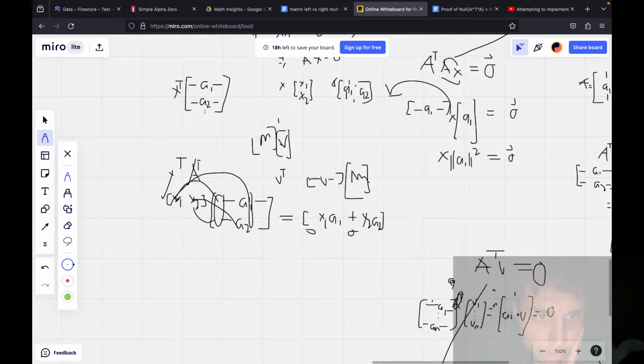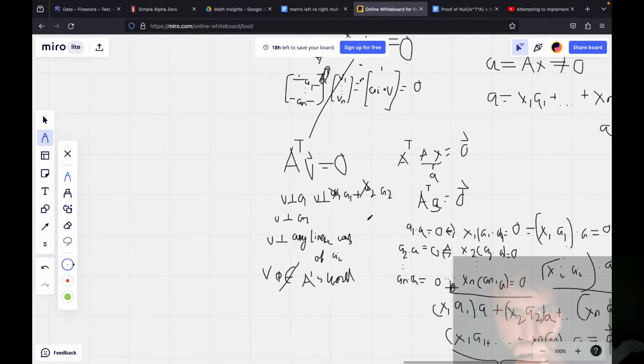So x1 is always hitting entries of a1, and x2 is hitting entries of a2. So x1 is tied to the first row and x2 is tied to the second row. Therefore it is true that we end up weighting these rows by x1, x2. That's how applying x transpose to the left of this matrix ends up weighting its rows.